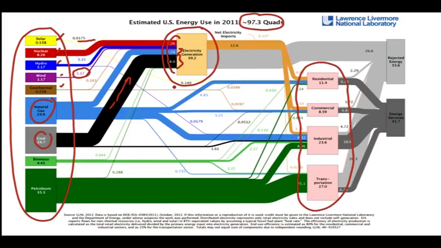On the output side, of course, the whole purpose here is to generate electricity, and that's shown by the gold line up here. You notice that we're getting about 12 quads out in electricity, but notice the waste heat out here.